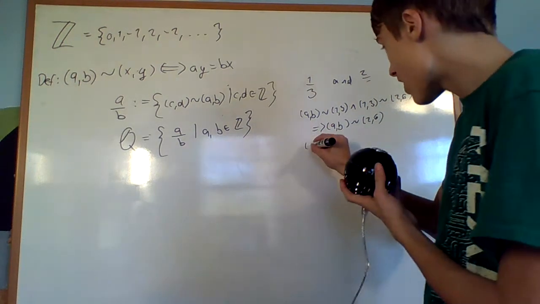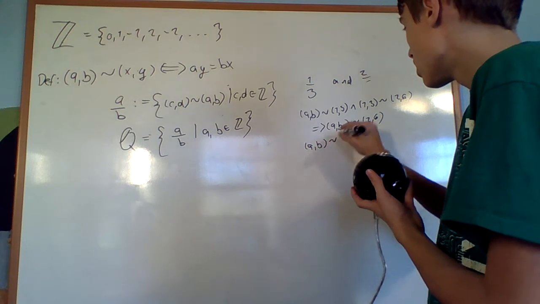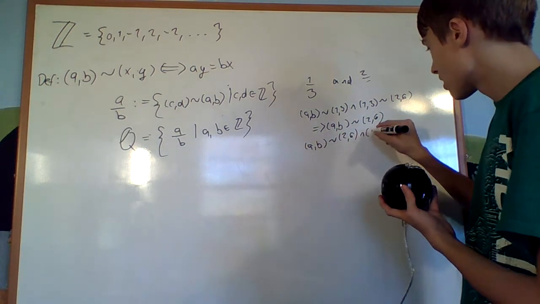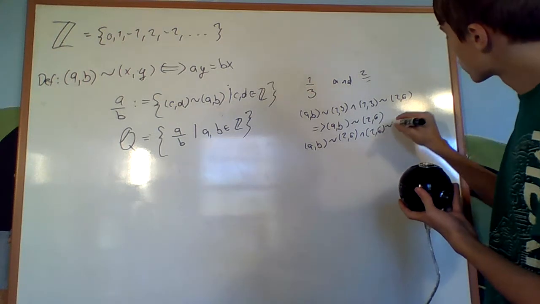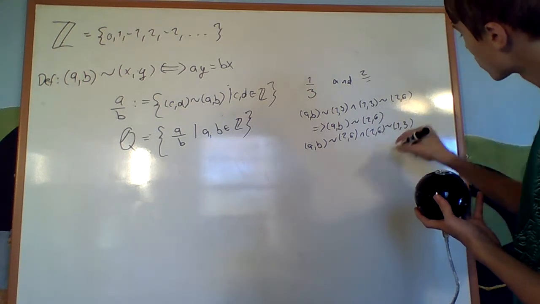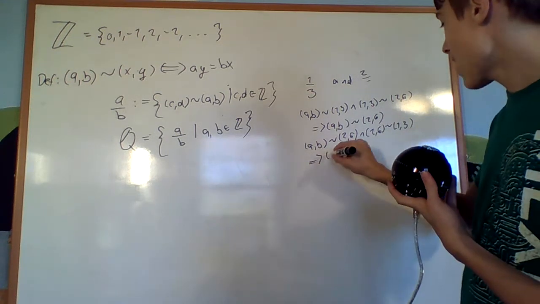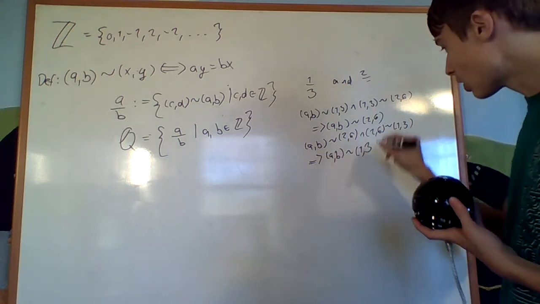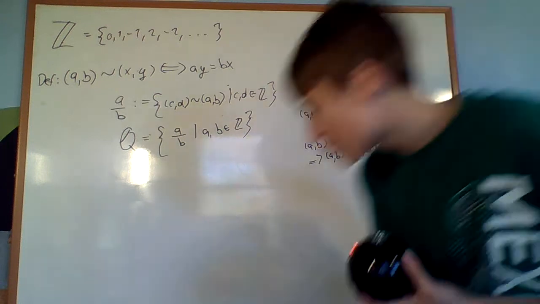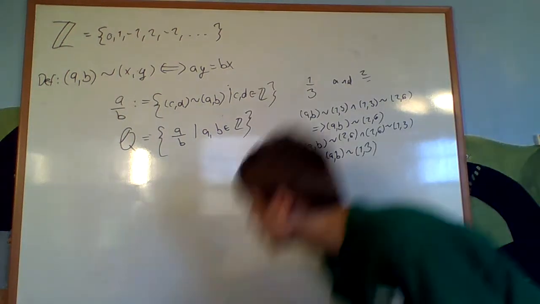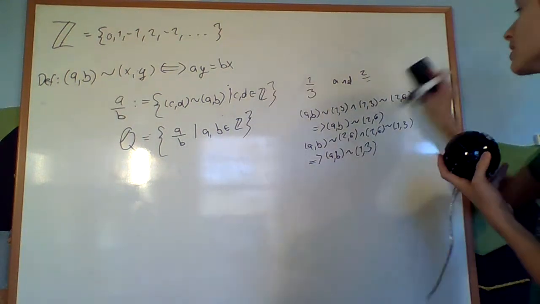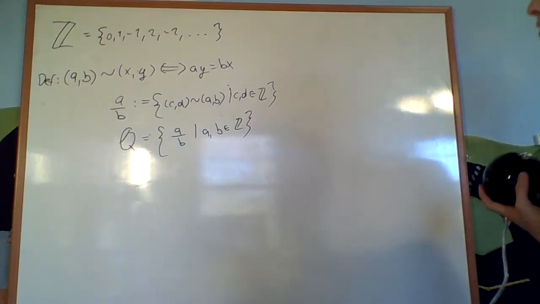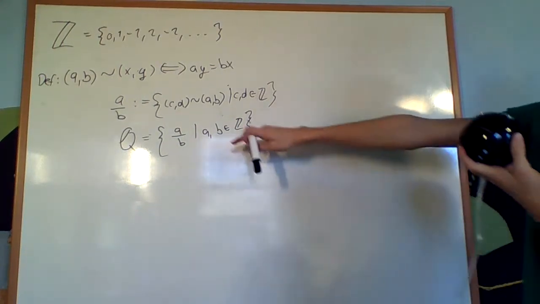And if I had (A, B) congruent to (2, 6), and (2, 6) is congruent to (1, 3), then I get that (A, B) is congruent to (1, 3). This eliminates all of the problems we'd have if we didn't have the ability to simplify. But now that we're dealing with sets of all things that are simplified, we actually have rationals.